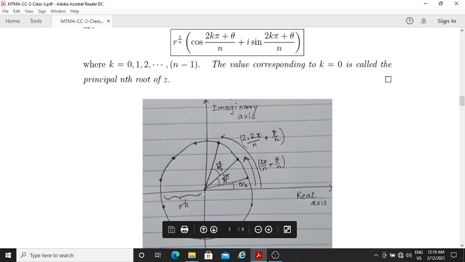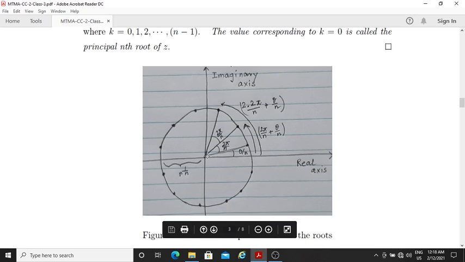theta is the argument of the complex number z. So the principal nth root of z will be the complex number which makes an angle theta by n in the positive direction with the x-axis, or the real axis.